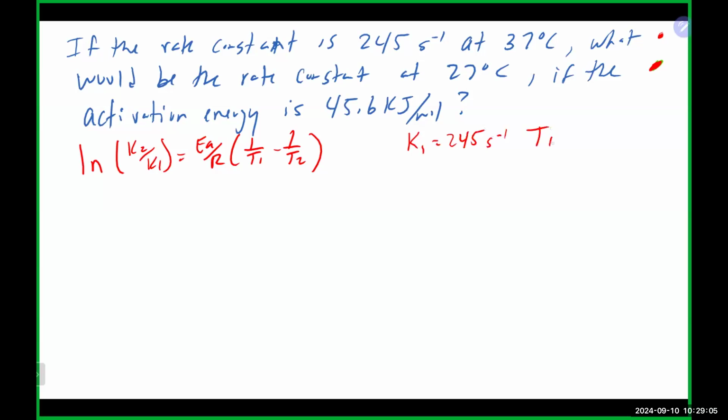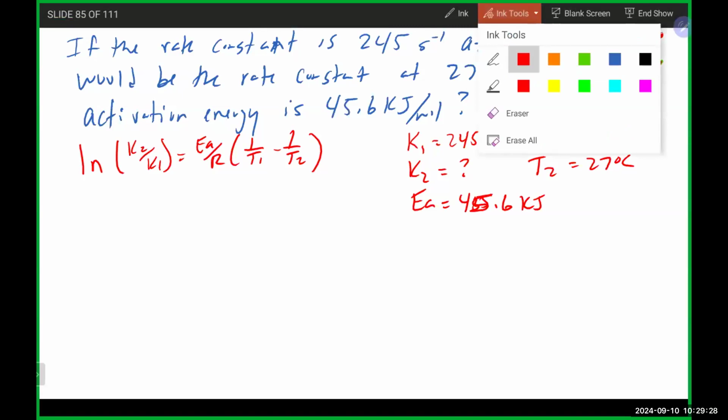We'll go with a T1 that's 37 degrees Celsius. Here, K2 is going to be what we're looking for, actually. And T2 would be 27 degrees Celsius. And we have E of A, which is 45.6 kilojoules here.